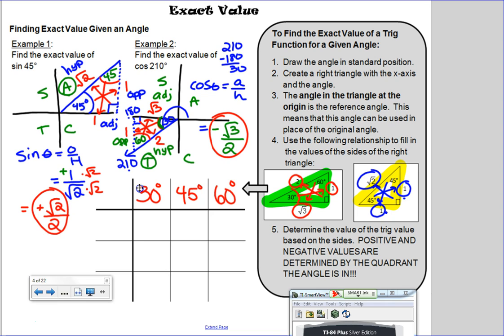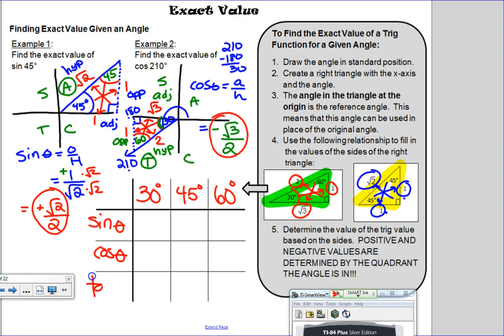Then we're going to write sine, cosine, and tangent. The sine and cosine rows, those all have two denominators. If we were to find all of these using the triangles, this is what would happen.